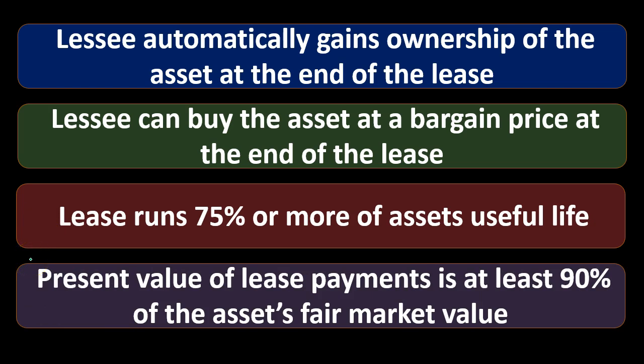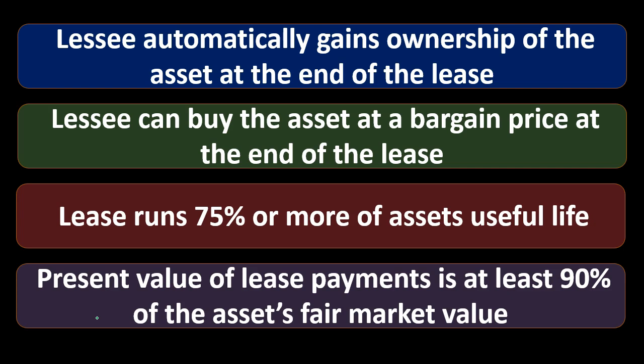Present value of lease payments is at least 90% of the asset's fair market value. So this would be just based on price. If we were to look at the lease payments, what we would have to do is use present value. We would have to say, okay, you've got these payments that you're going to make for the term of the lease, and we know exactly what's required to be paid, then we can figure out what the present value of those lease payments is.